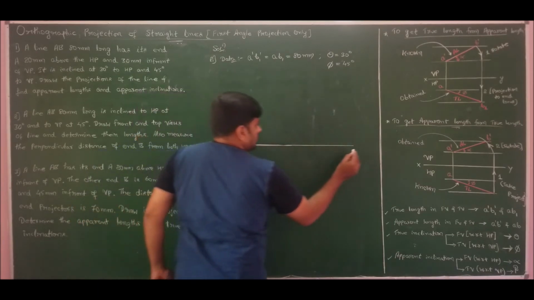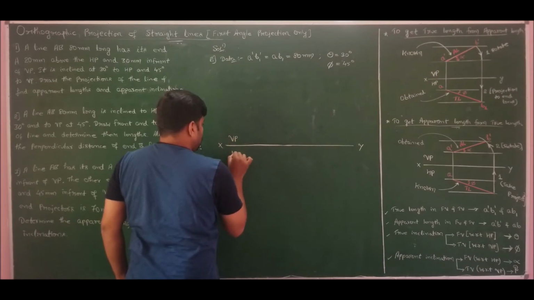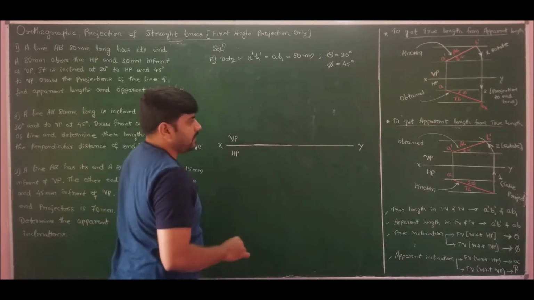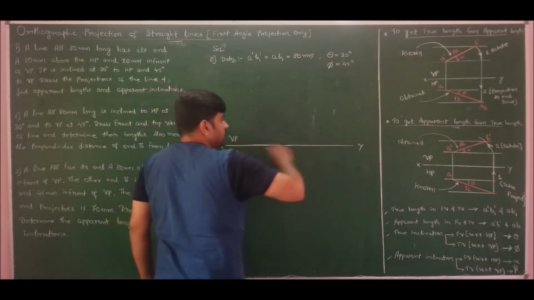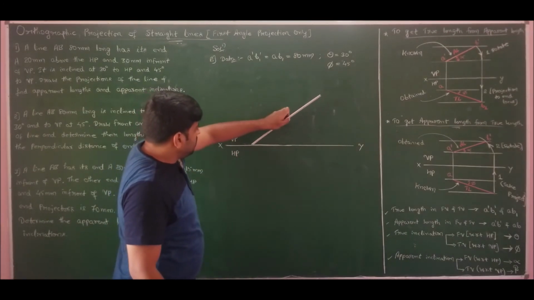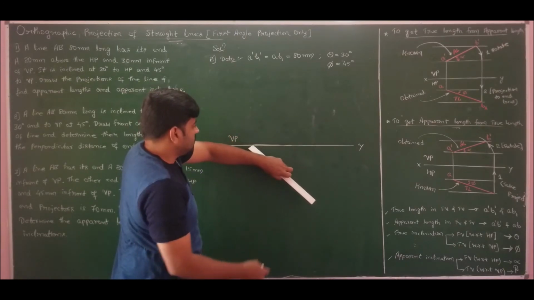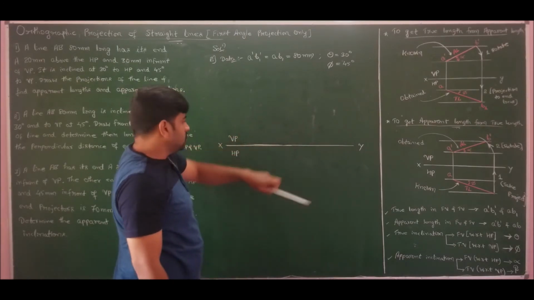This is the XY line. Since we are solving problems on first angle projection, VP will always be above and HP will always be below. So this itself is the locus for this problem. Inclining here will give us the line inclined with respect to HP. Inclining here states that the line is inclined to VP.